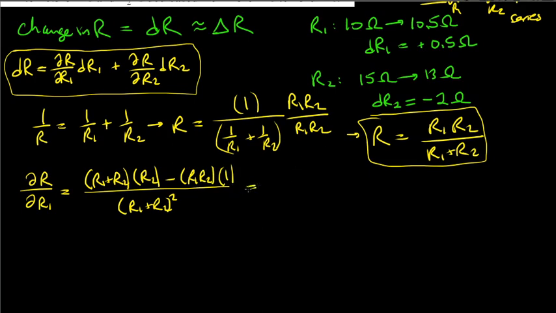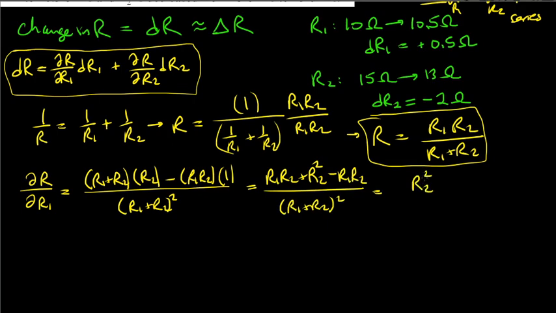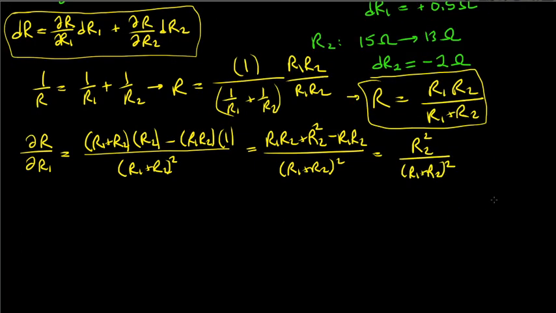So we end up with R1 R2 plus R2 squared minus R1 R2. Those cancel, and we just get R2 squared divided by (R1 plus R2) squared.